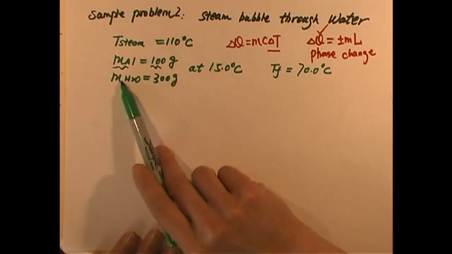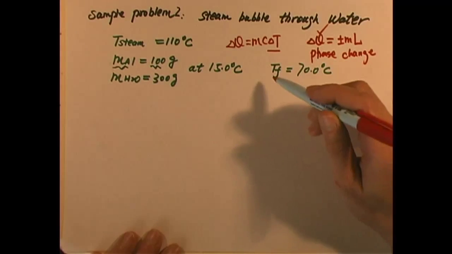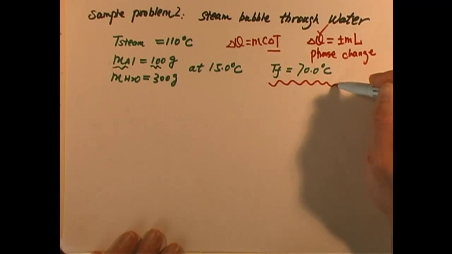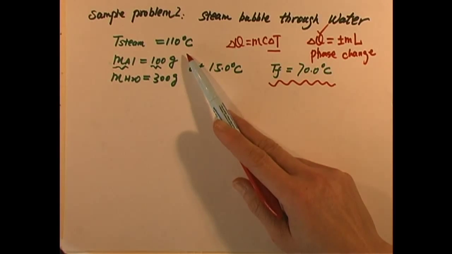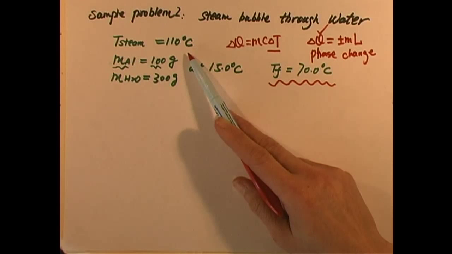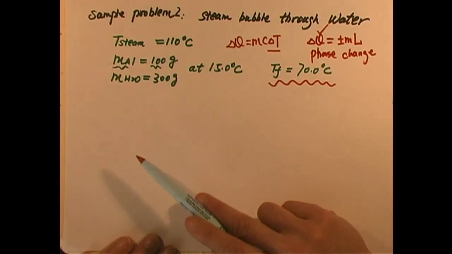The cup and water start at 15 degrees, and eventually our system, let's say at 70 degrees Celsius, we stop putting more steam into the system. At that time we ask how many grams of this 110 degree steam has already gotten into the system. So that's the question.